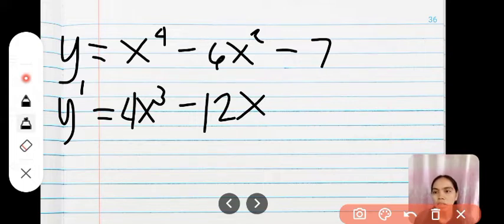So the first derivative is equals to 4x cubed minus 12x.